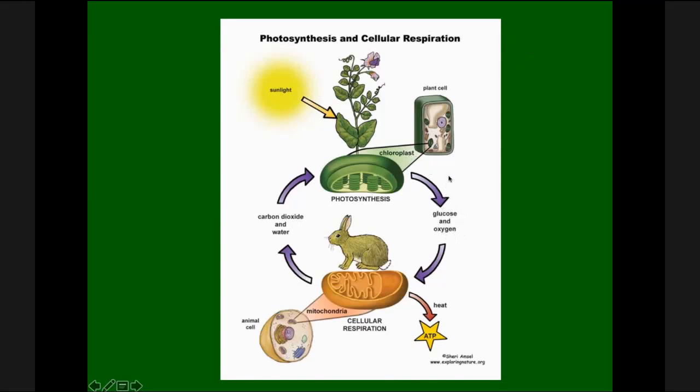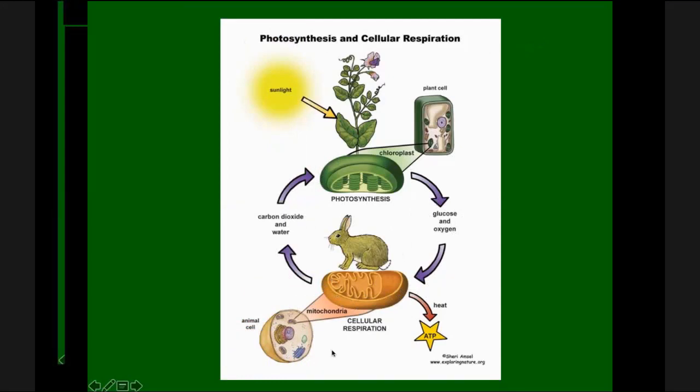And when we take a look at that, it turns out that the products of photosynthesis are the reactants of cellular respiration. So then other prokaryotes are going to turn around and use that glucose and oxygen for aerobic cellular respiration to cycle ATP.